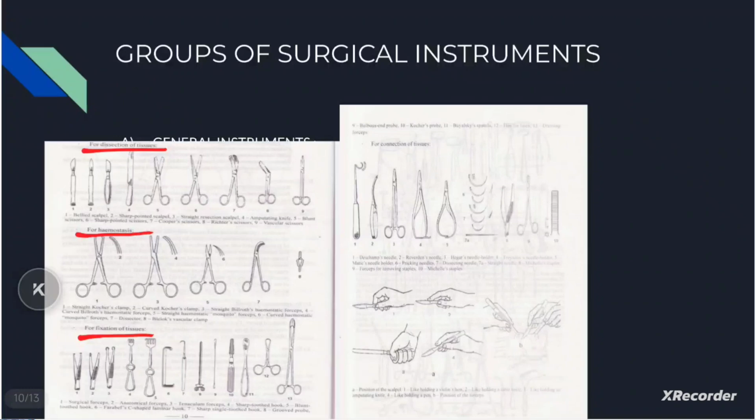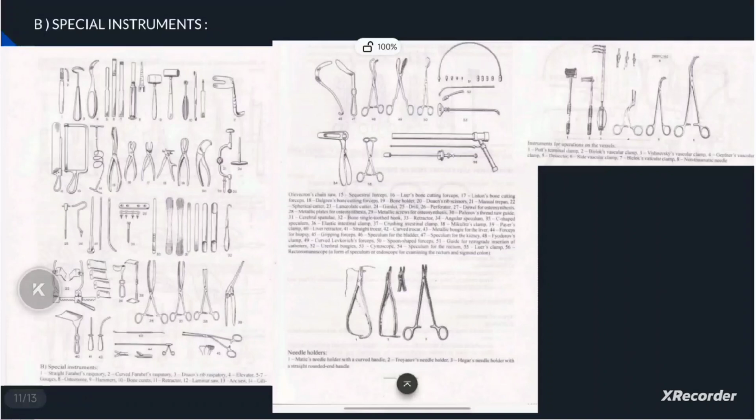You should read and memorize the structures, the instruments, their names, and what they are used for. We should keep looking at the images and memorizing them, then only will it stay in our mind. And next is for connective tissue. This is the general instruments. Next would be the special instruments.